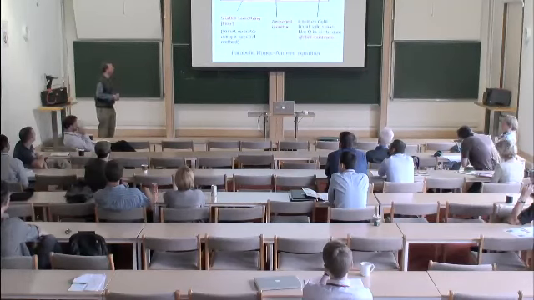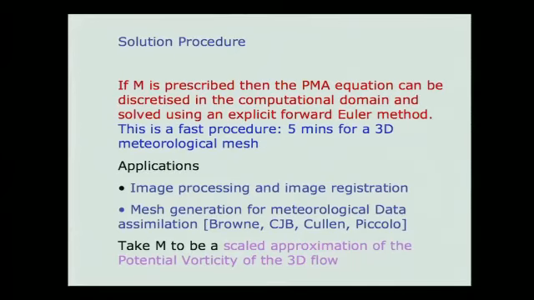Good point. Okay, so there are basically two issues here. So firstly, let's imagine we're in a world where we know what M is. And we want to generate a mesh based on that. Then what you do is you take that parabolic equation and you solve it explicitly forward in time. You don't iterate to convergence, you iterate for as long as you feel you want to until you get close to a mesh.